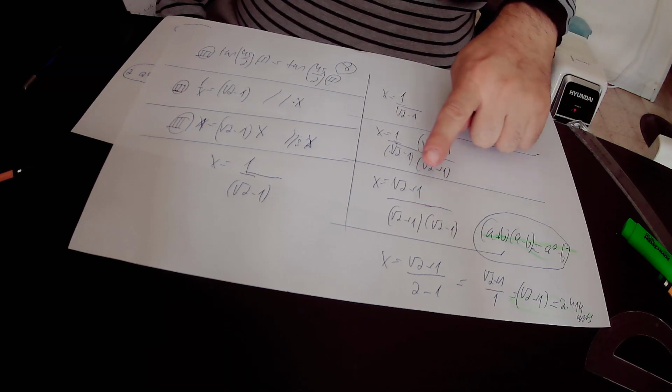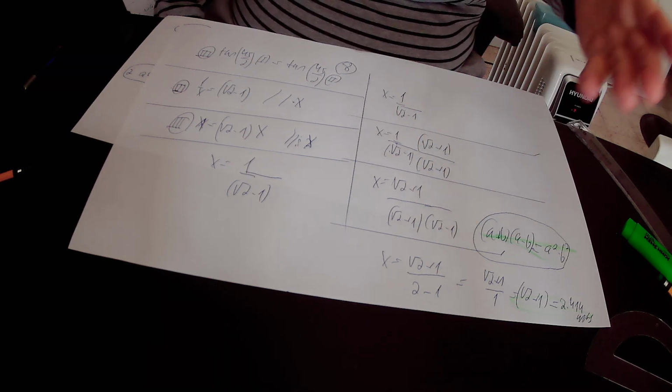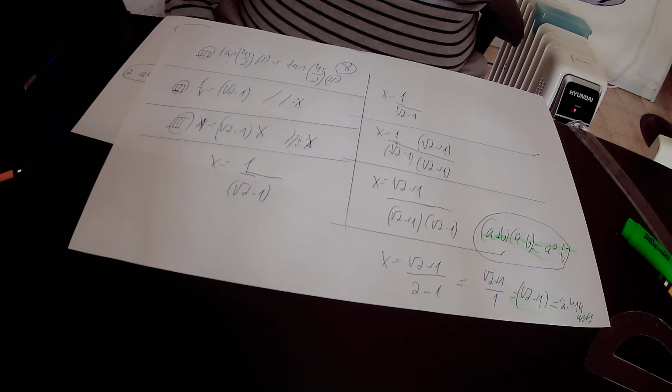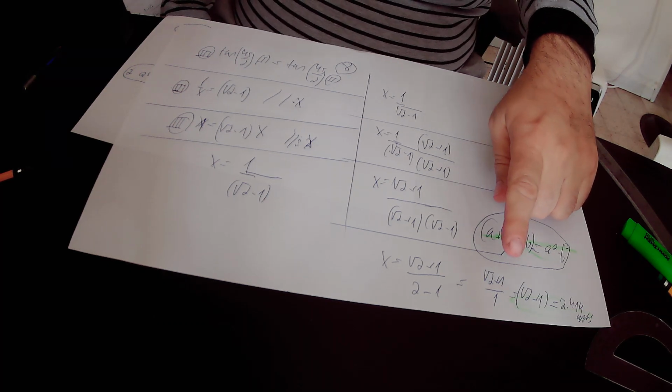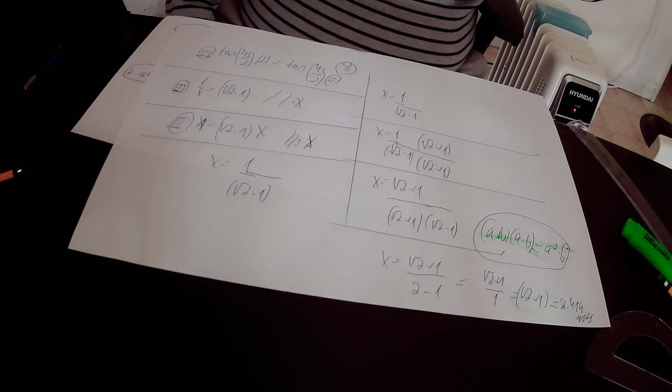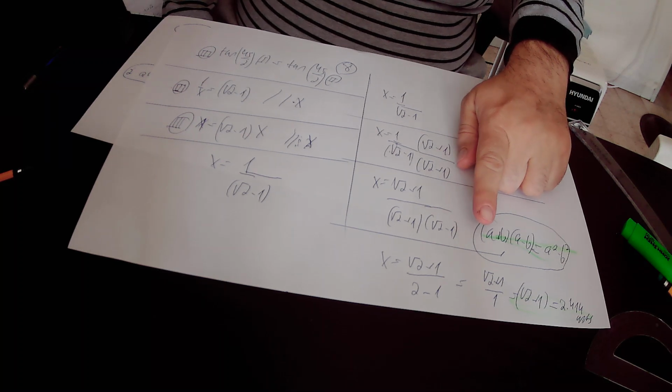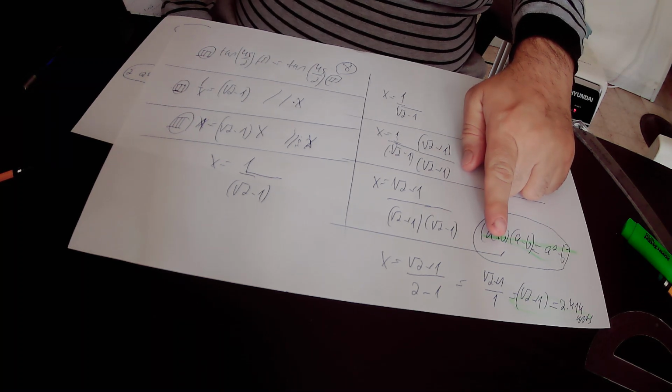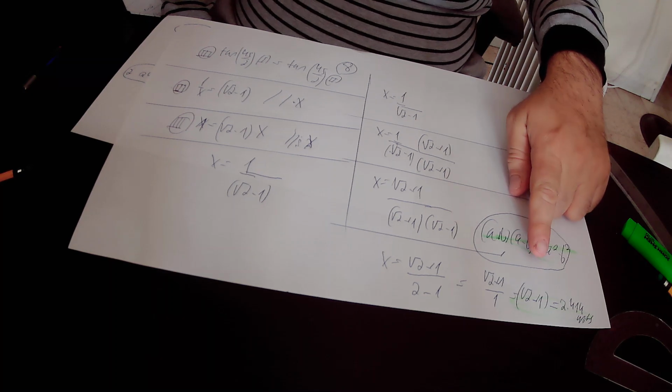So in total, this expression equals 2 minus 1, that is 1. So in the denominator we are left only with 1. So x equals the square root of 2 plus 1 over 1, that is the square root of 2 plus 1.